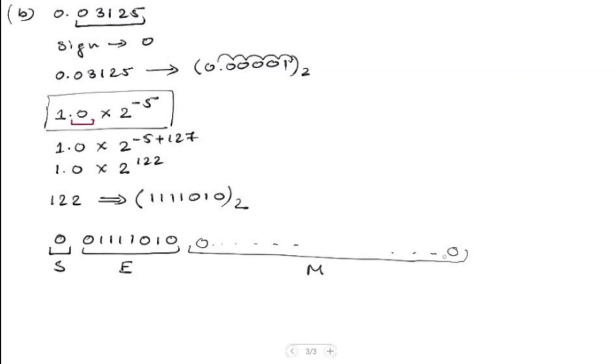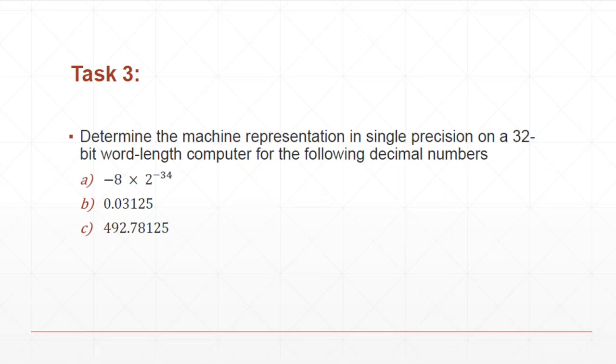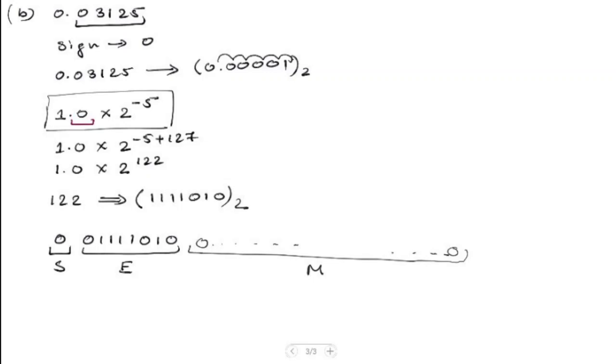Okay, so that's B. And now for part C, let's look at it again. So we have here 492.78125. Let's work on that.